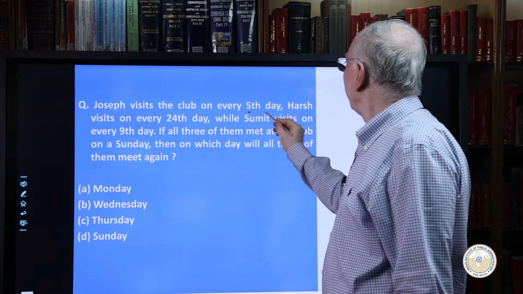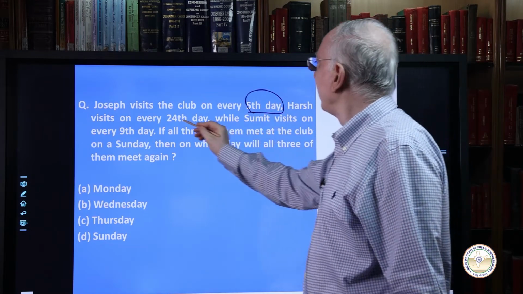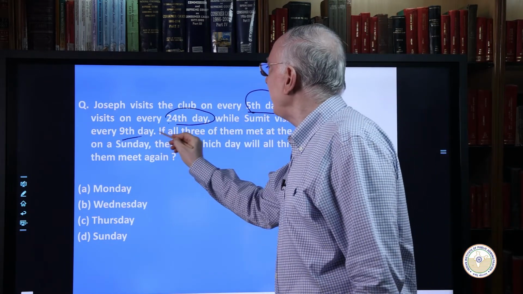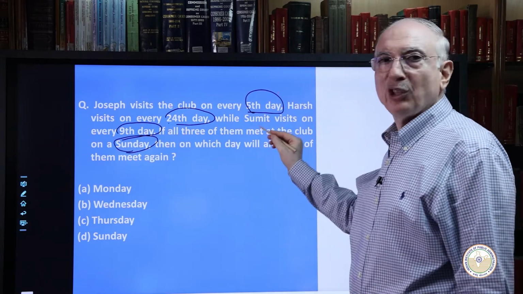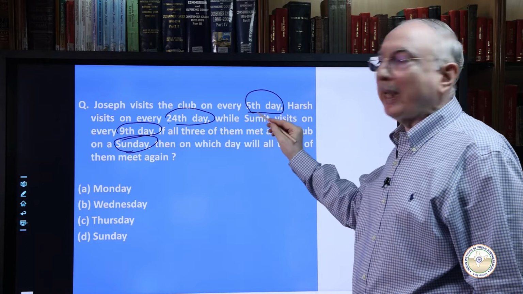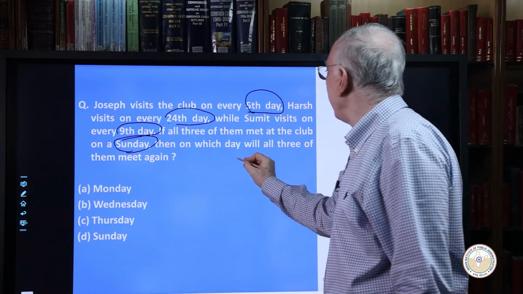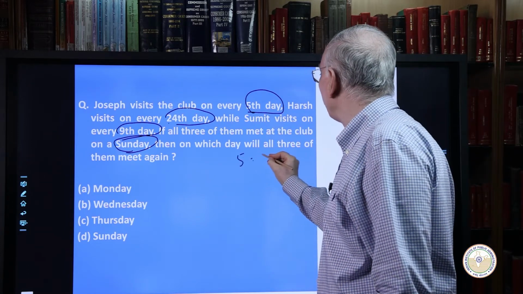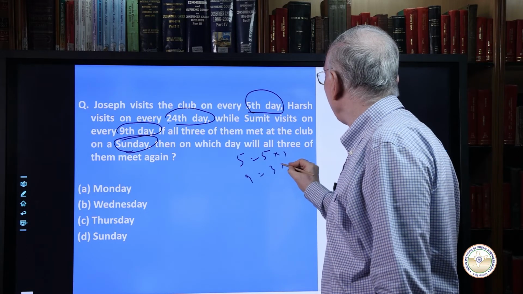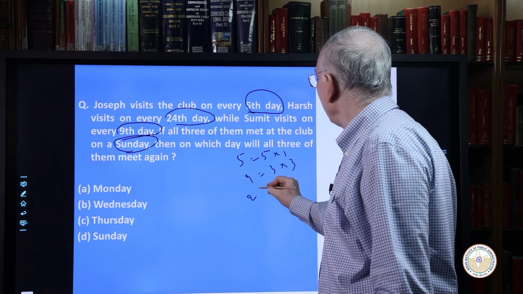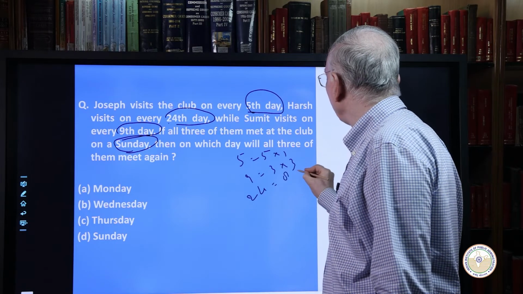Next question. This is very interesting. 5th day, 24th day and 9th day, and they met earlier on Sunday. Now in such questions, we have to work out the LCM of these numbers, that means 5 is equal to 5 into 1, then 9 is 3 into 3, and 24 is equal to 8 into 3.